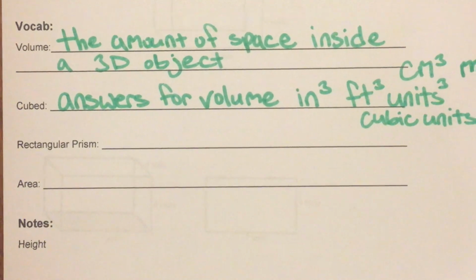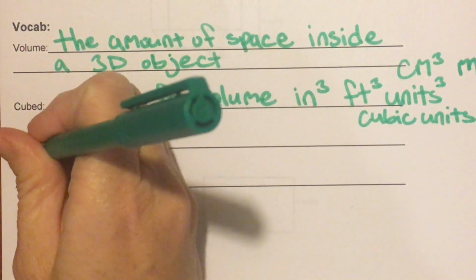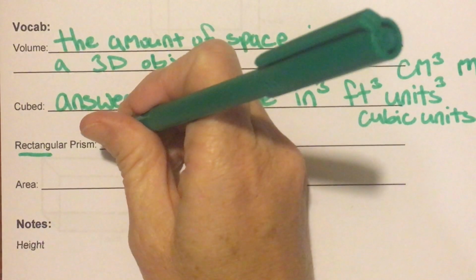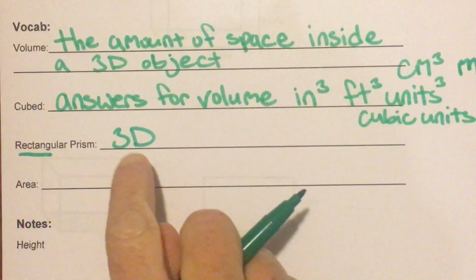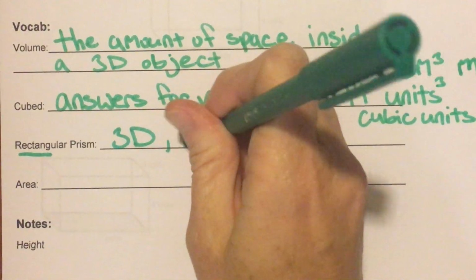Our next word is rectangular prism. Our goal was that we're going to be finding volume of rectangular prisms. In 5th grade, that's really the only shape we work with. A rectangular prism is a 3D rectangle, and it's a box.